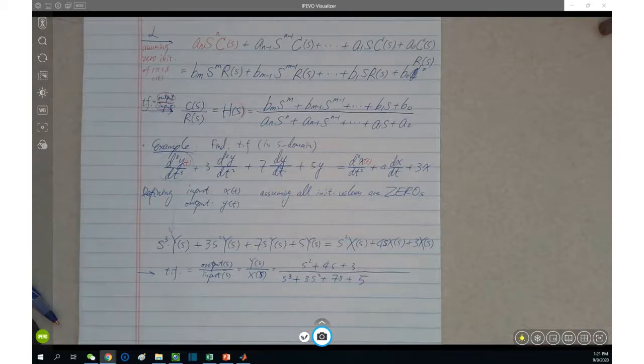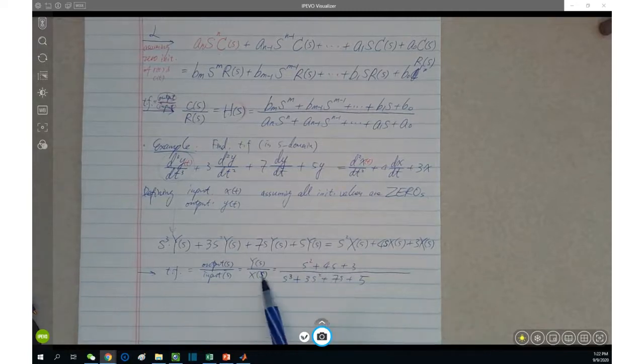Hold on. First of all, I received Alex's question. He's saying, is it flipped? I don't think so. It's not flipped. Again, the numerator is the coefficient times the X, therefore it is this part. The denominator is the polynomial times onto the Y of S.